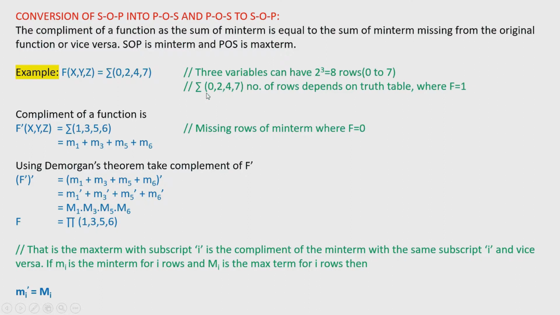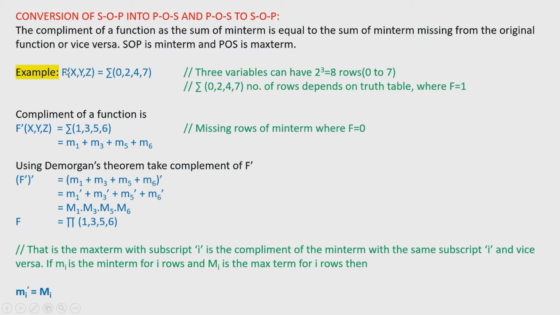All right, so here it says complement of a function. So we take the complement of this function, so f complement is equal to the sum of minterms missing from the original function. So we take the sigma, that is the summation symbol, of the minterms missing from the original function.